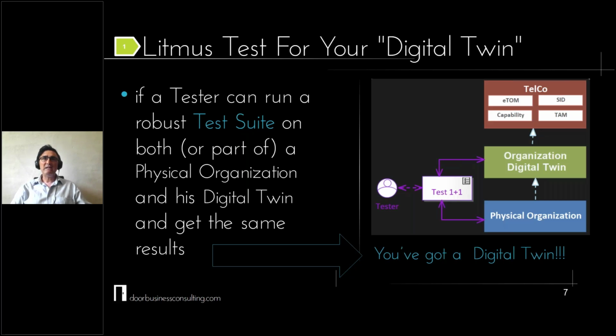So we have a litmus test for a digital twin: when we can execute the same test on the digital twin and the real thing and get the same result. In this example, we have a digital twin that is derived from the industry model, and we'll see in detail what that means. Then we have the physical organization, and we execute the same test, and we get the same result. So that is a good measure of having a digital twin.